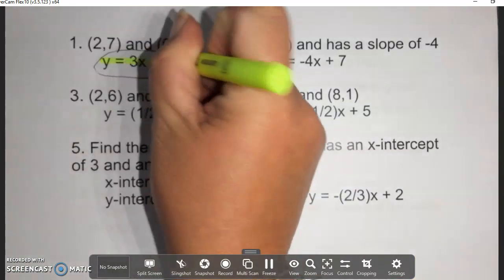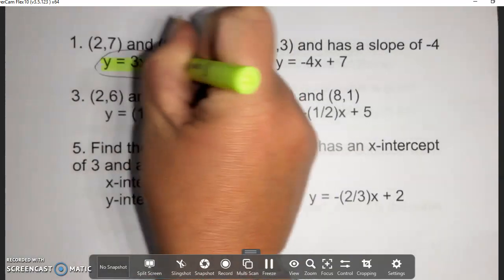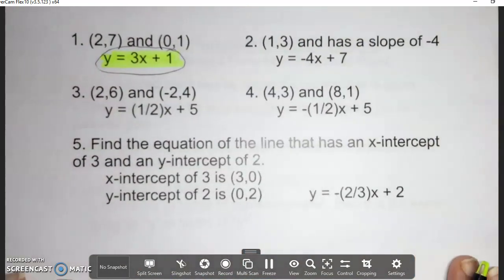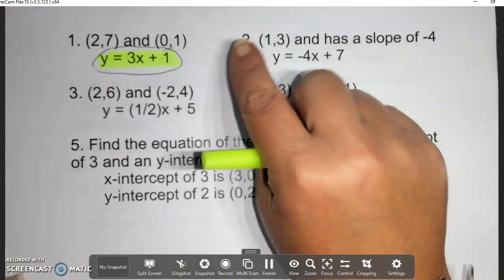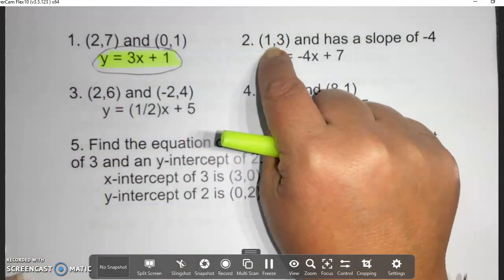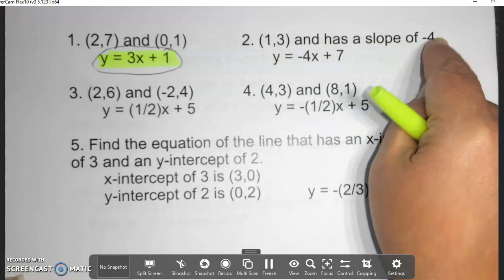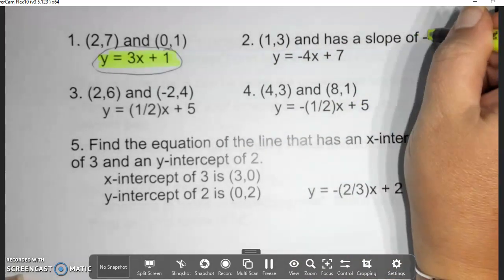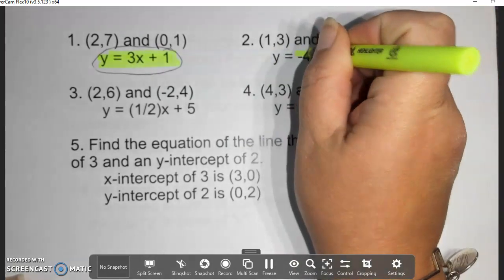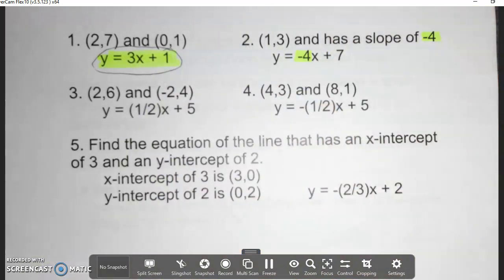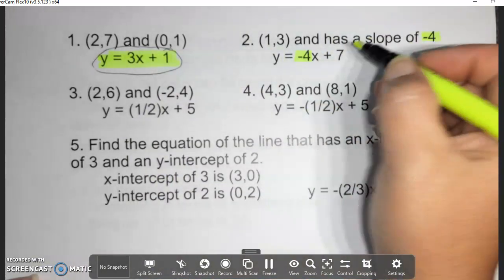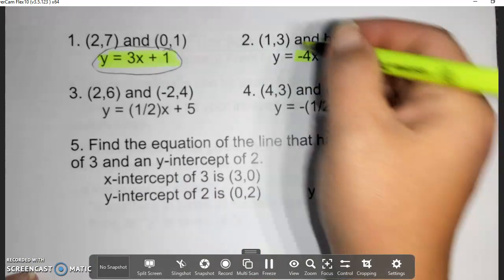If you have any questions, if you would send me a message, I can send you a video on how you work that specific one. On this one, you had 1, 3 as a point and a slope of -4. So we put the -4 in. Then we substituted 1 and 3 in for x and y, and we got 7.